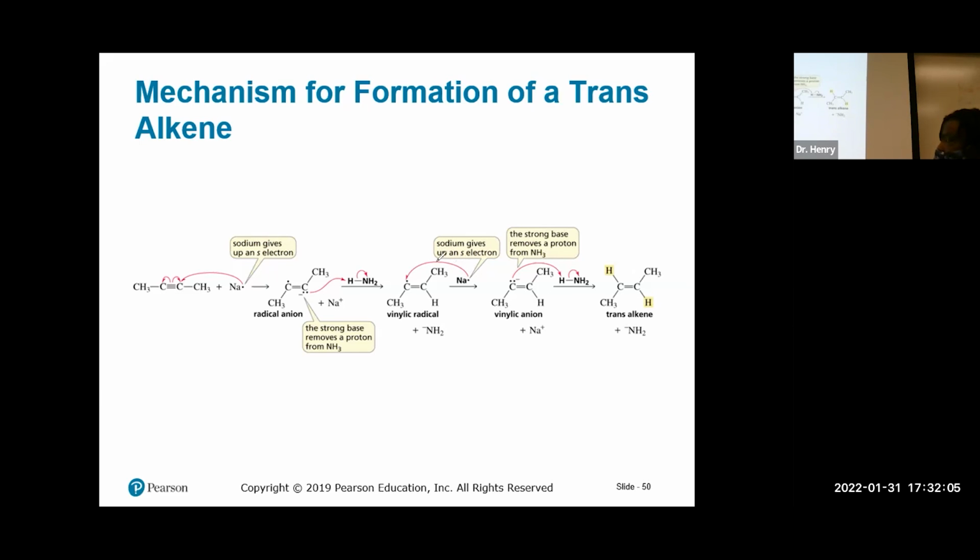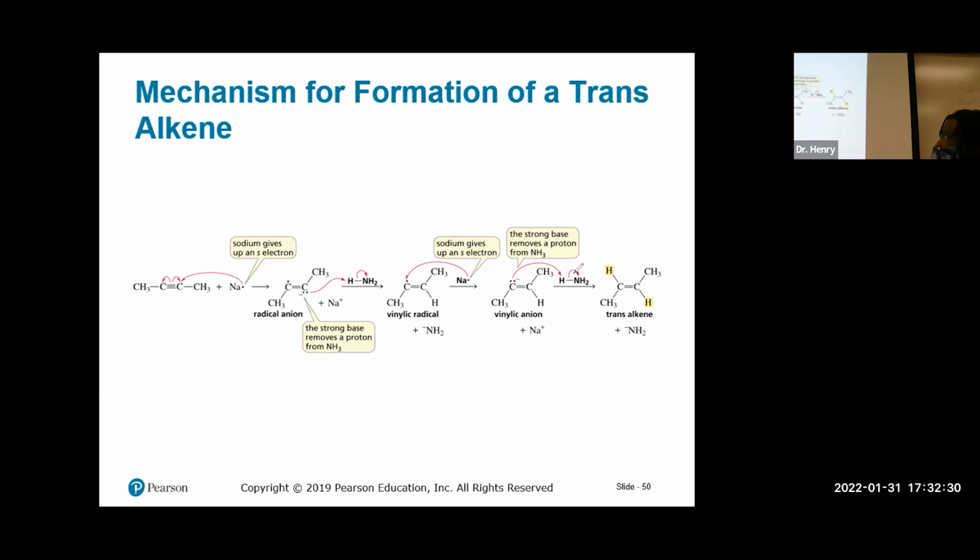So then you're going to have another sodium that's going to come along. It's going to donate its electron. And then you're going to get the sodium ion. And then you're going to get a vinylic anion. And then the electrons from the vinylic anion are going to donate to the hydrogen.